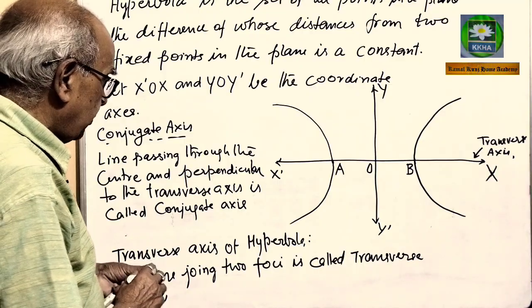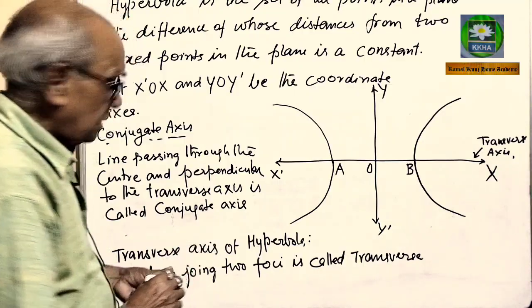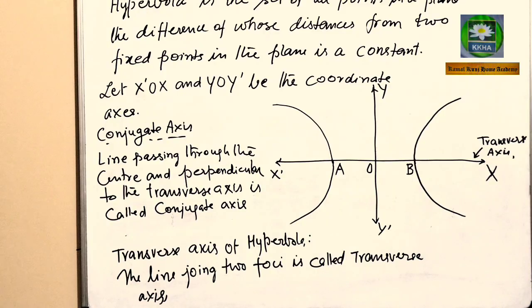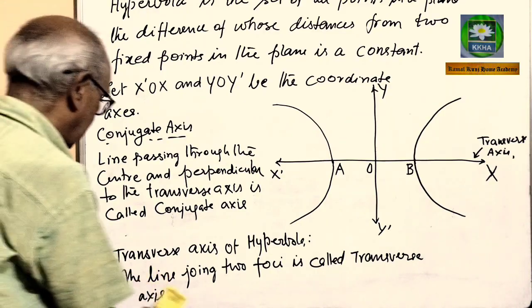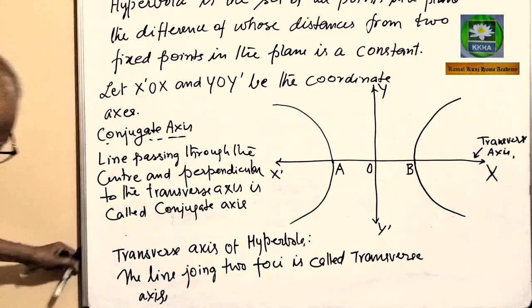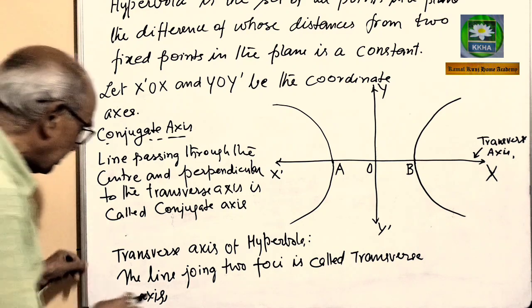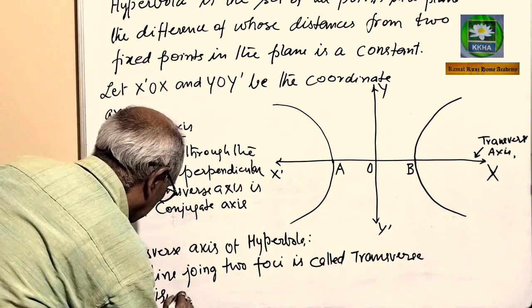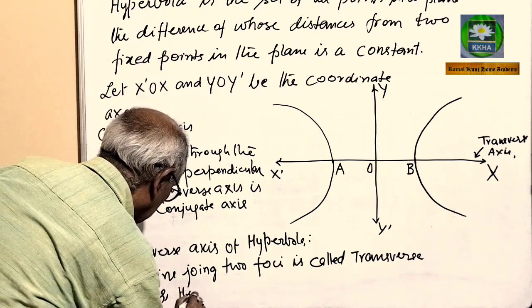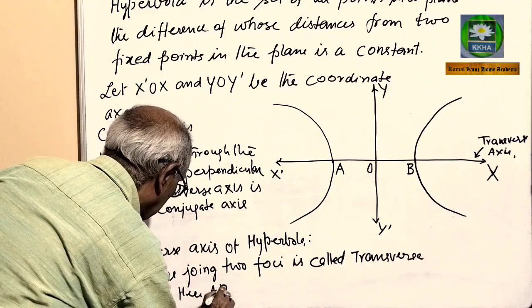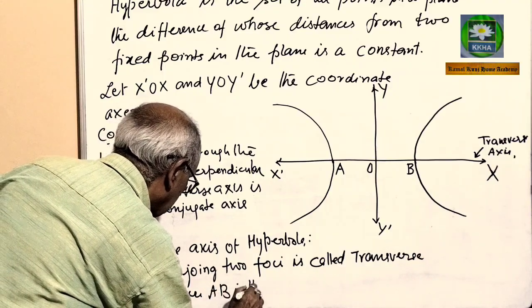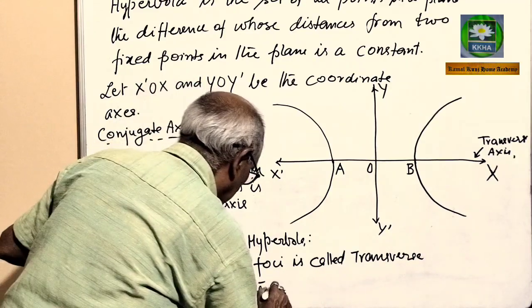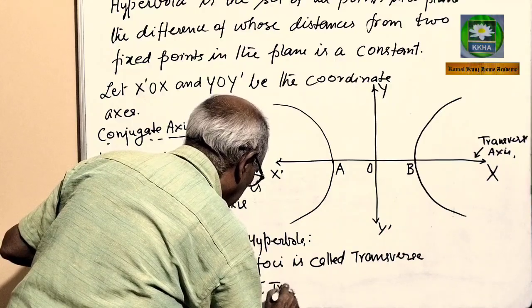Now the length of the transverse axis. Here AB is the transverse axis.